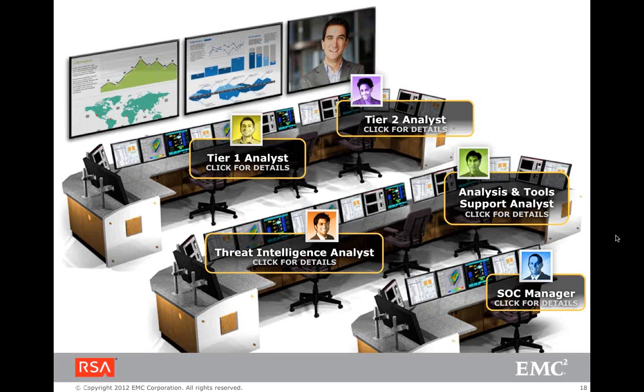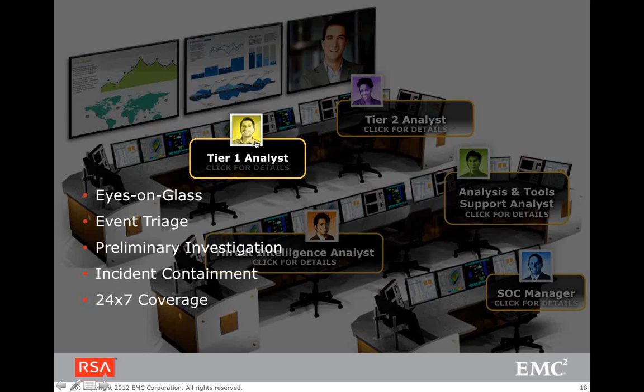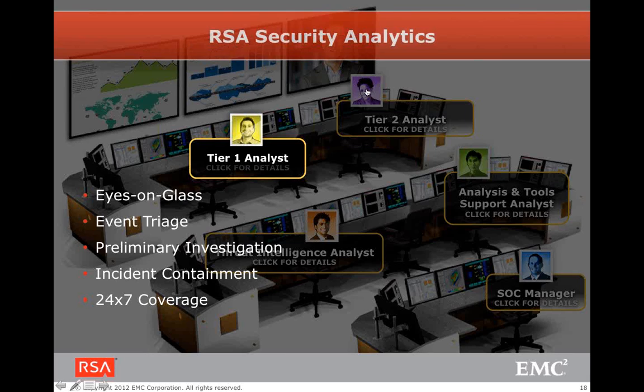For example, a tier 1 analyst might be the first level of analyst who will be doing the event triage, who will be doing the preliminary investigation, who are there 24/7 to monitor them, and who will be doing the basic containment work of that particular incident. But then a tier 2 analyst might take all this information and try and run newer rules around what they need to do.